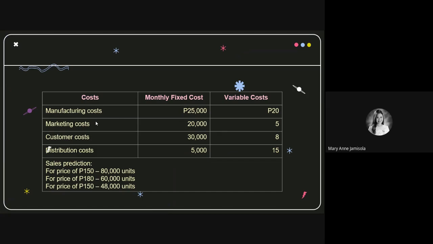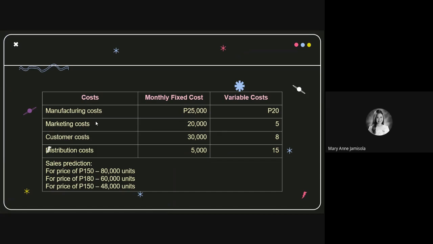Let's look at the costs. First is the research and development costs. I've mentioned this before. This is not in the table. If the selling price is 150, the research and development will remain at 400,000.